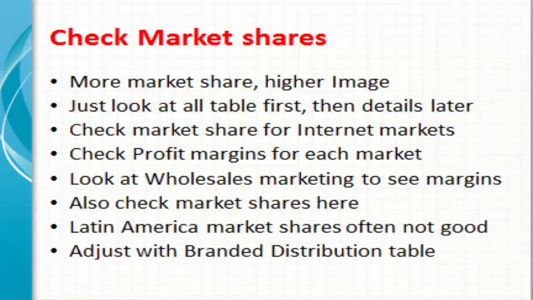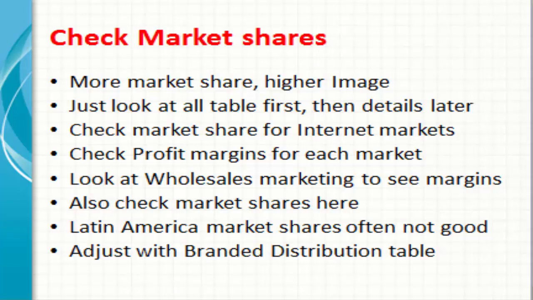So we see the market share for the internet market here. We try to increase market share. If you reduce the price here, for example, we can increase the market share. If we increase the number of models here to 3, we increase the number of internet sales immediately. And when we do that, the most important thing is to check the bottom line.